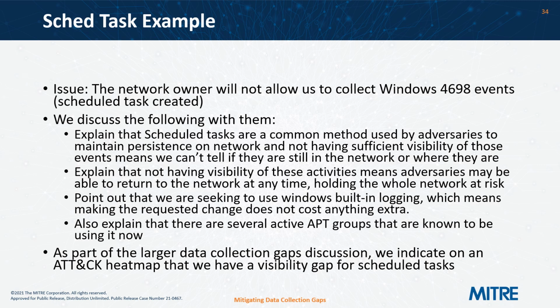During the course of the discussion, we explain that scheduled tasks are a common method used by adversaries to maintain persistence on networks, and not having sufficient visibility of those events means we cannot verify if they are still in the network and where. We also explain that not having visibility of this means adversaries may be able to return to the network at any time, holding the whole network at risk.